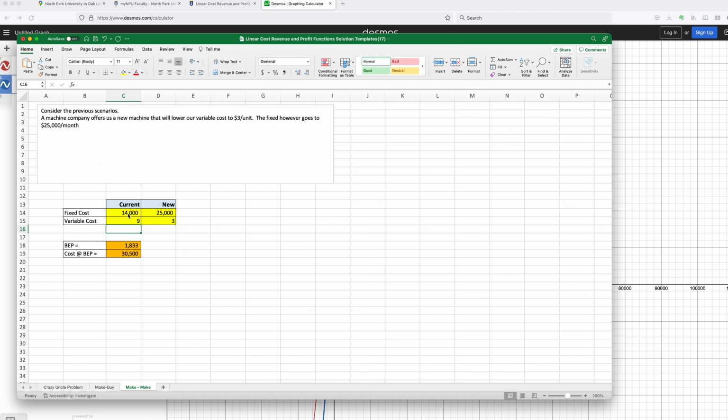So with the current manufacturing, if I make less than 1,800 a month, it's more advantageous to keep the current machinery. But with the new machinery, if I make more than 1,800, it's more advantageous for me to use the new machinery.